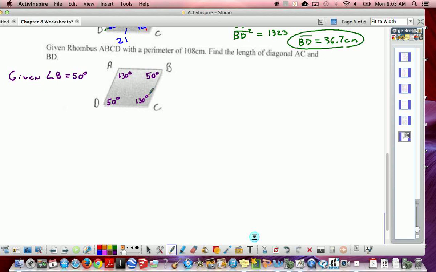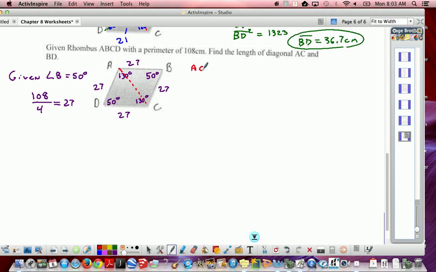I know the perimeter is 108, so 108 divided by 4 in this particular case is going to equal 27. So each of these sides here are 27. So the first one I'm going to find again is AC.